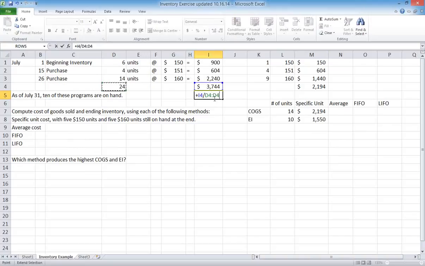All right. Our average cost is $156. Our ending inventory is 10. I keep saying we sold 10, but that's what we have left.